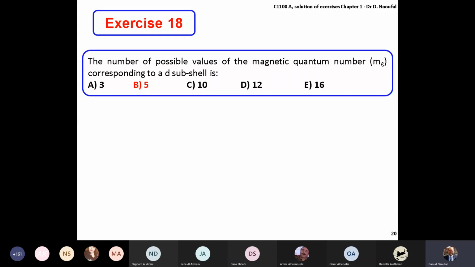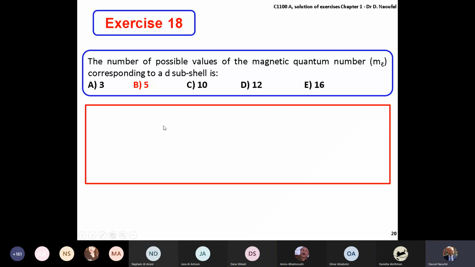Exercise 18. The number of possible values for the magnetic quantum number ML that correspond to D is. What is the meaning of ML? ML describes a room, a box in the box representation.